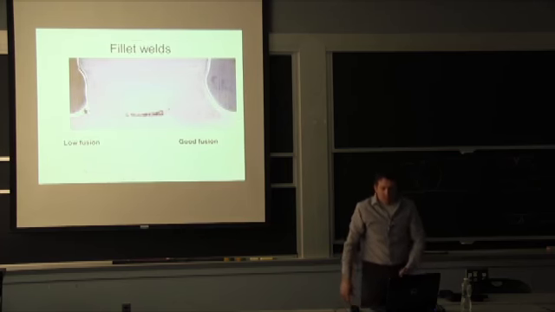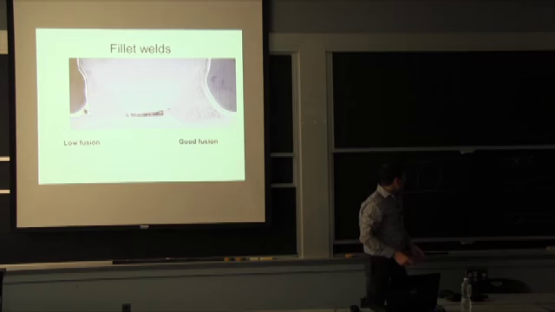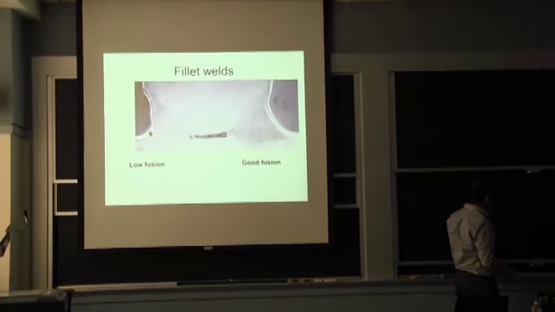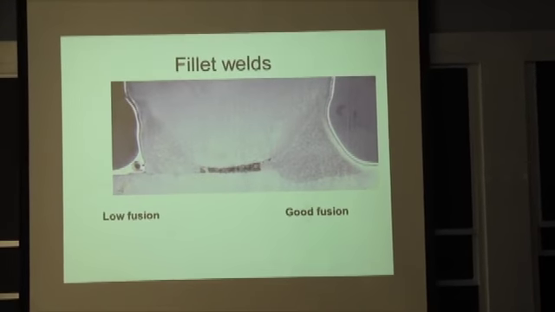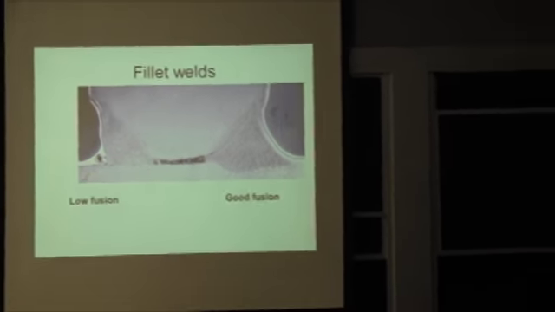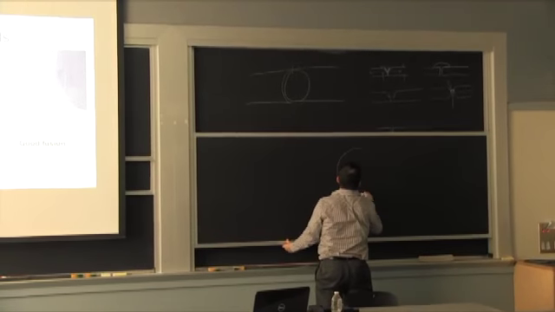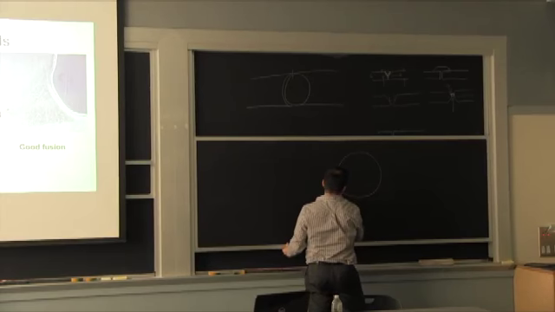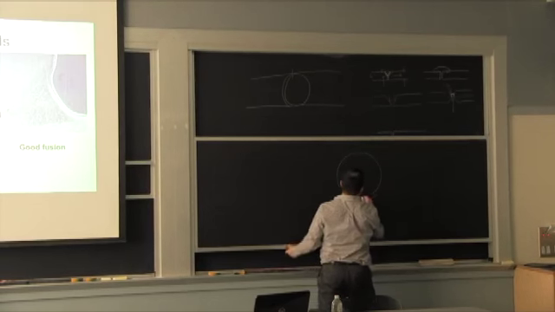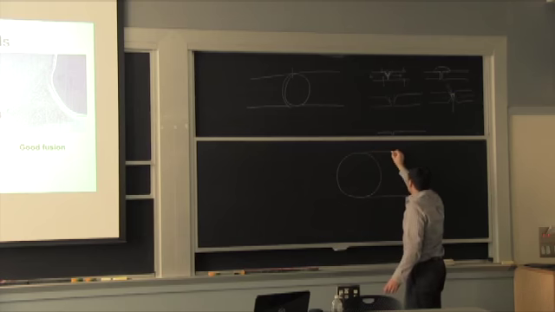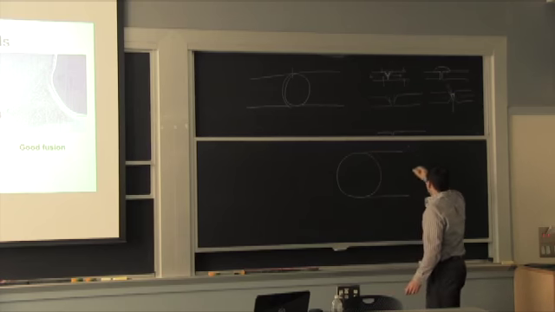So maybe now, after we talked about this, you can interpret this schematic a little better. Because I introduced it too quickly, we're just going to go through it better this time. So we have a round bar that's essentially on a flat, and then it's going at an angle.